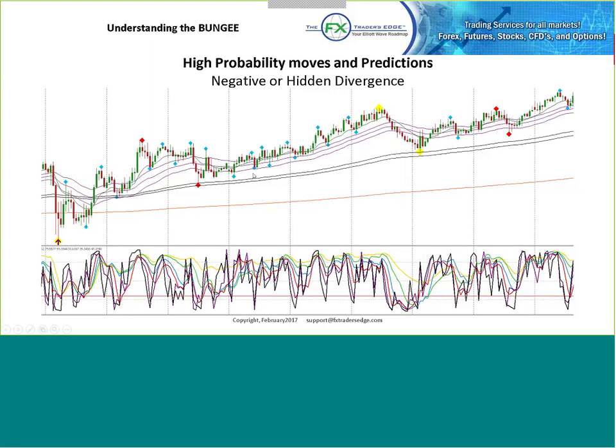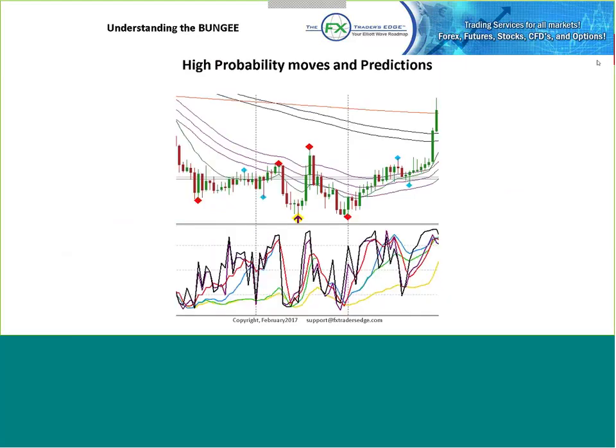But when you see negative or hidden divergence, take note. The same as you should do with the awesome oscillator, because if it's there, then you need to respond to it and appreciate what's likely to happen next. So it works both ways, negative divergence and ordinary divergence.